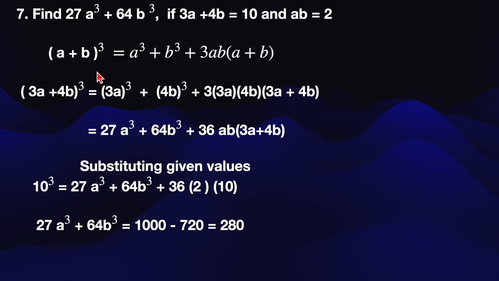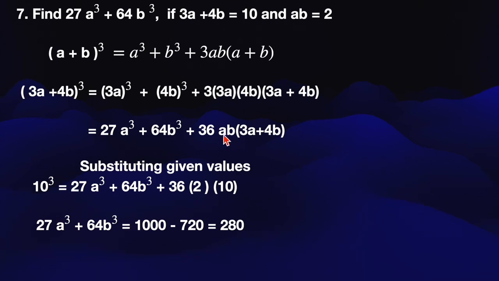I have kept it as it is, but carefully I am substituting. Wherever this small a is, I am writing 3a, and for b, 4b. So here I am writing 3a, 4b. This small a I am writing 3a, 4b, 3a plus 4b. Once you have substituted, now it's easy. Now open the bracket.